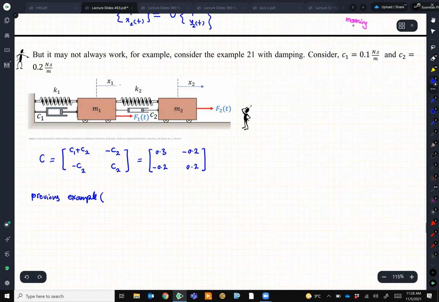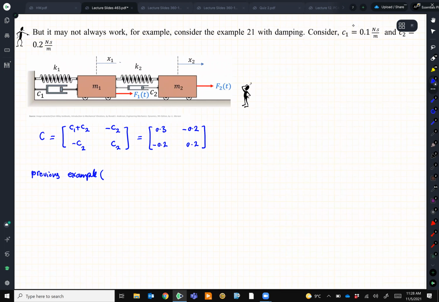So we don't have to write the equations again. In example 21 we found the U matrix, which was 6, 6, 6, 7, minus 1, 1, and 1.